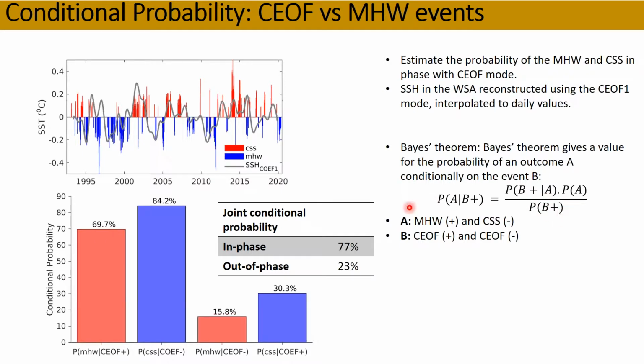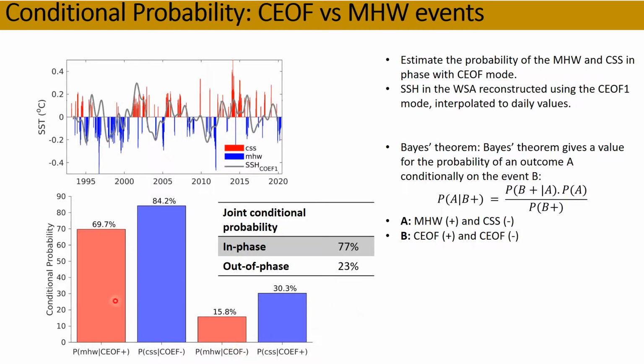And in this case, we have A, right? We have the marine heat waves and cold spells, so it's a binary variable. And B is also a binary variable, it depends on the sign of the CEOF mode. Since we have two of each, A and B, a positive and negative sign, we can calculate four conditional probabilities.